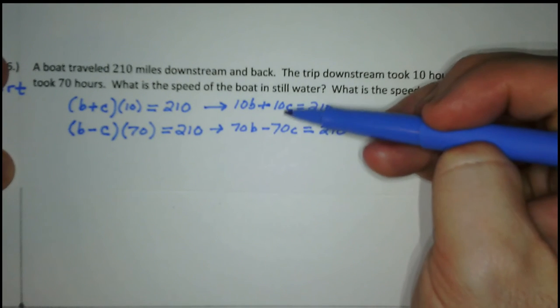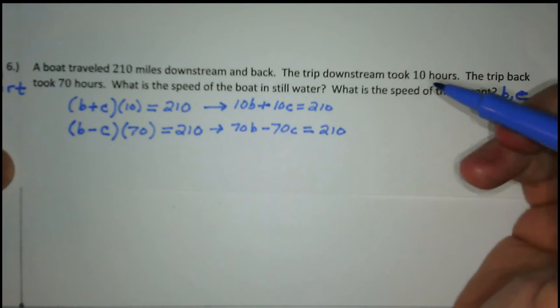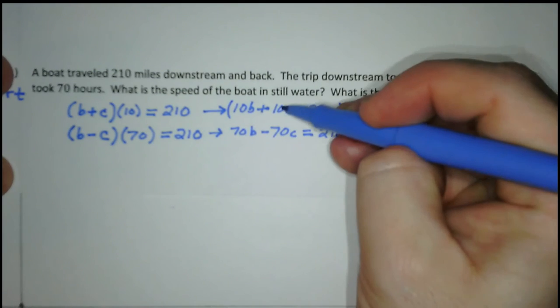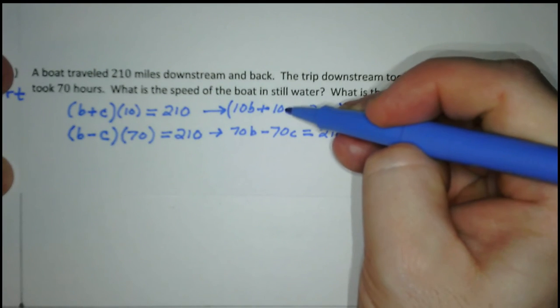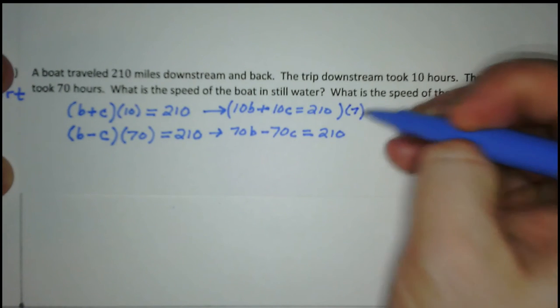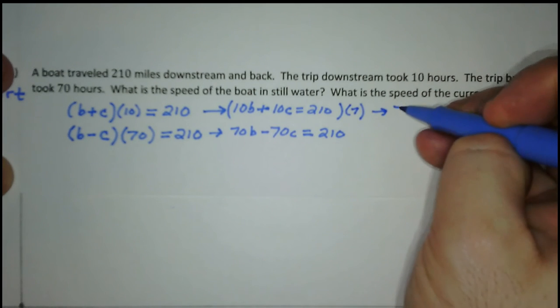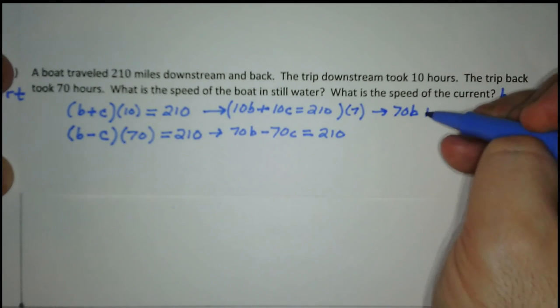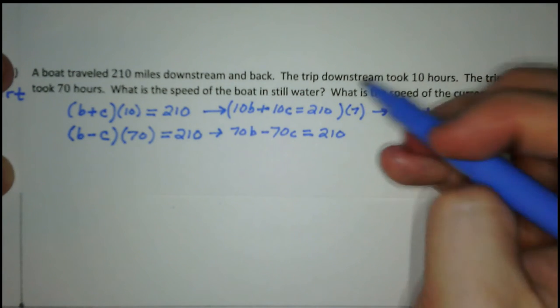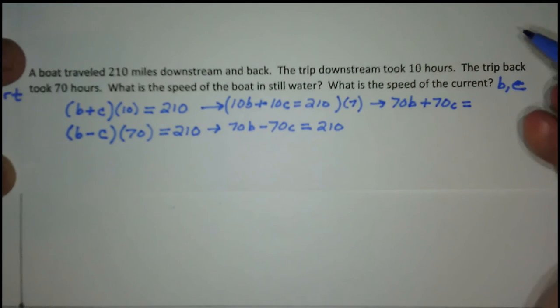I can make the c's opposites. How can I make a 10c into a 70c? Wouldn't I just need to multiply by 7? So that would make it 70b plus 70c equals, oh boy, what's 7 times 210?